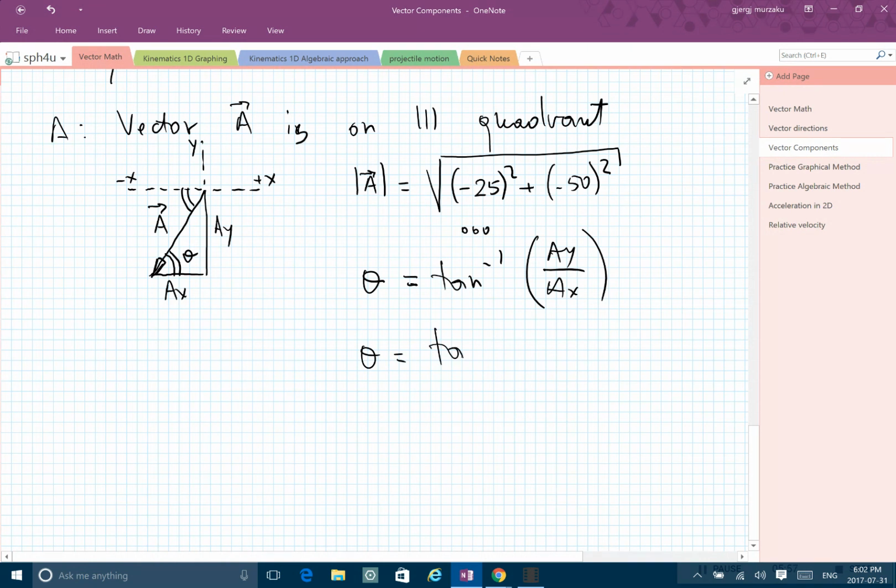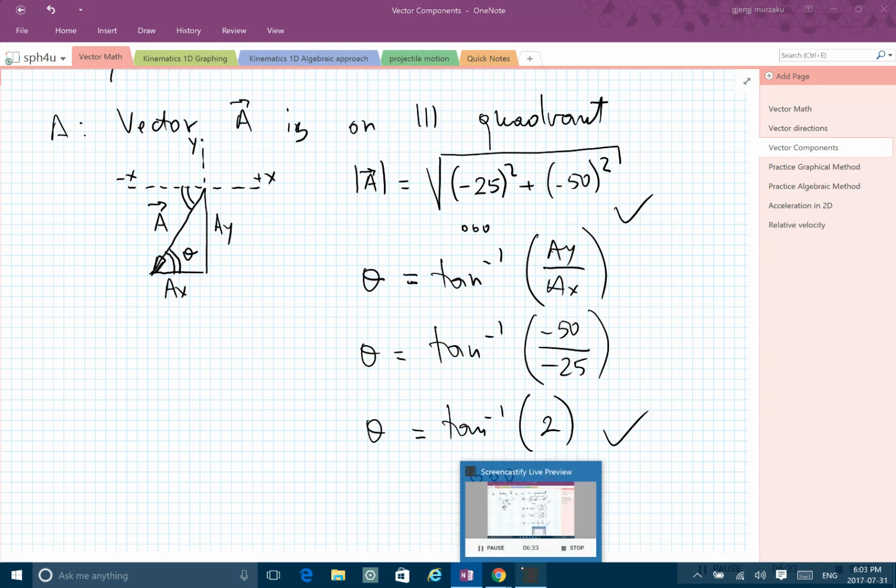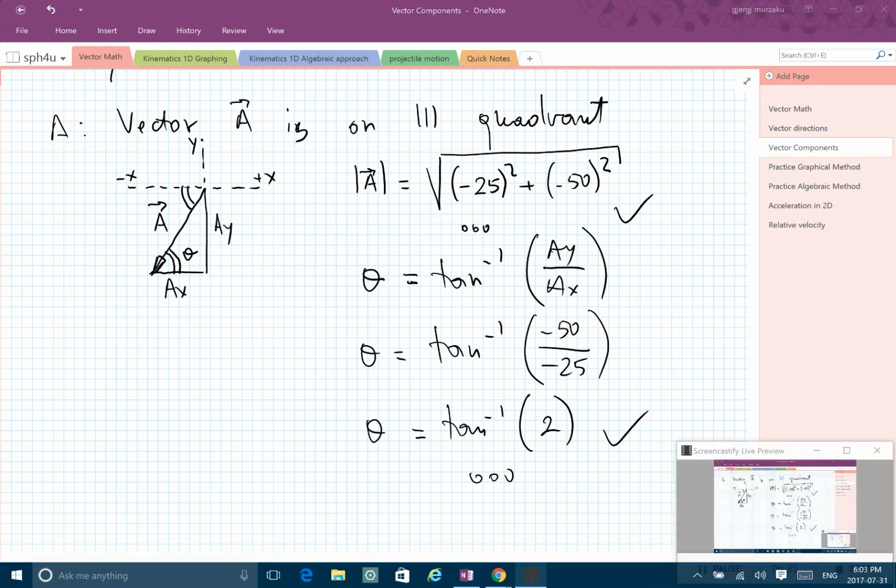So theta is inverse tan of negative 50 over negative 25. Again, you don't have to put the signs there. They are just directions. So it's inverse tan of 2. That's definitely more than 45, probably around 75 degrees, I don't know. Then we can report the angle and the magnitude once we find them. All right, so next we're going to do a few examples. So let's pause this.